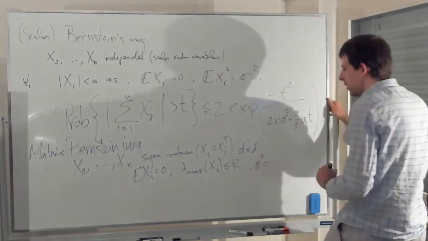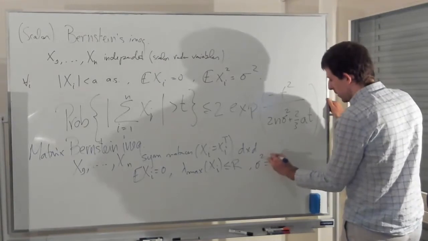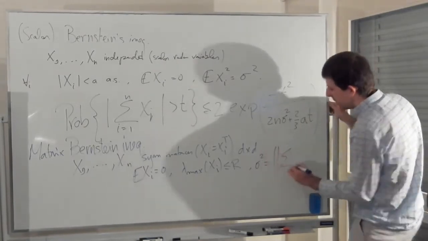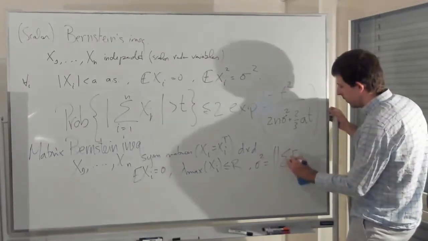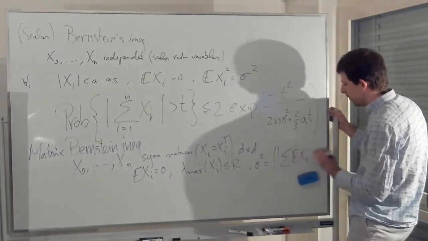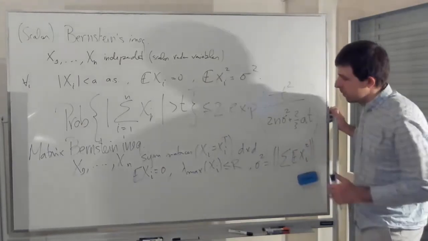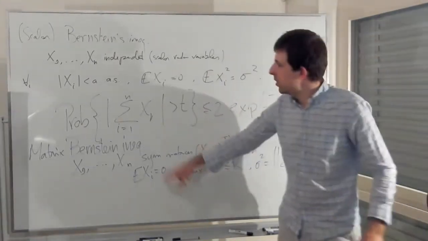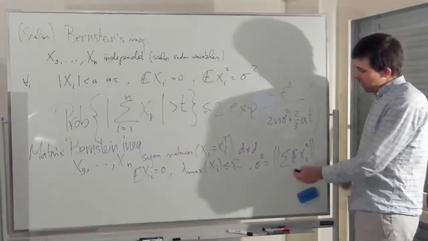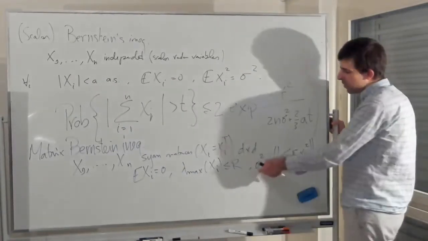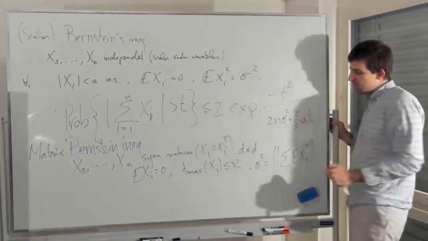The variance will be the spectral norm of the sum of the expected value of xi squared. But similarly, they're centered, they're bounded, and there's a variance parameter, which, since I'm summing over n things, is like n times bigger than the scalar one.